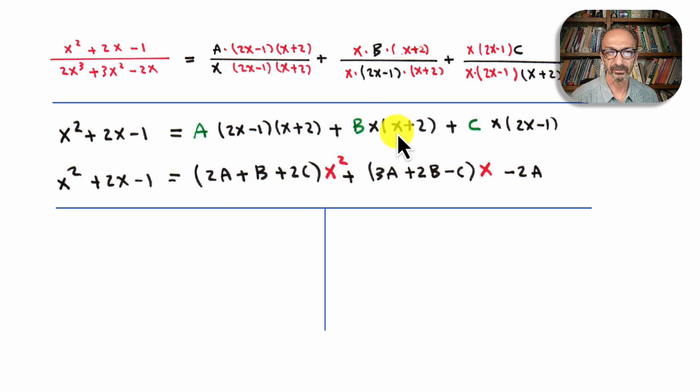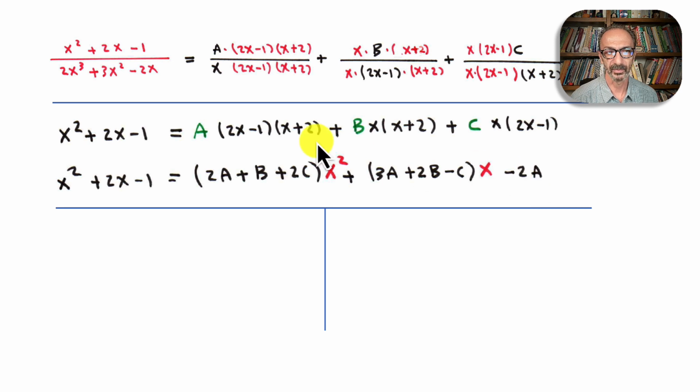B will give you b times x to the second, and x times 2x times c is 2c times x to the second. Moving on, I'm just going to skip reading this. You know exactly what I'm doing. I'm multiplying using the distributive property and grouping all the terms with x to the second, and grouping all the terms with x and leaving the constant by itself.